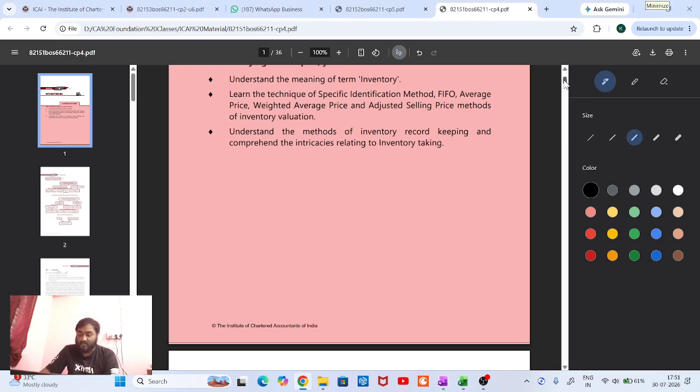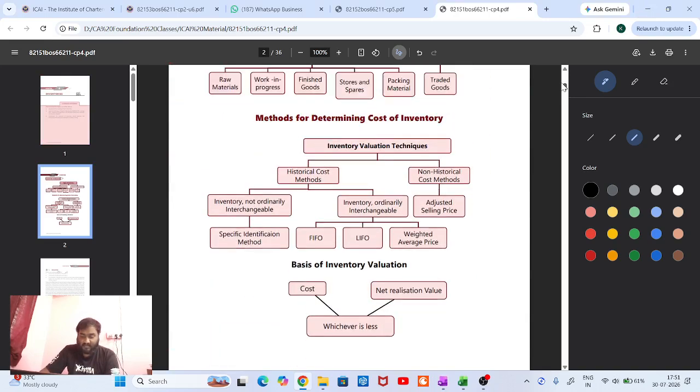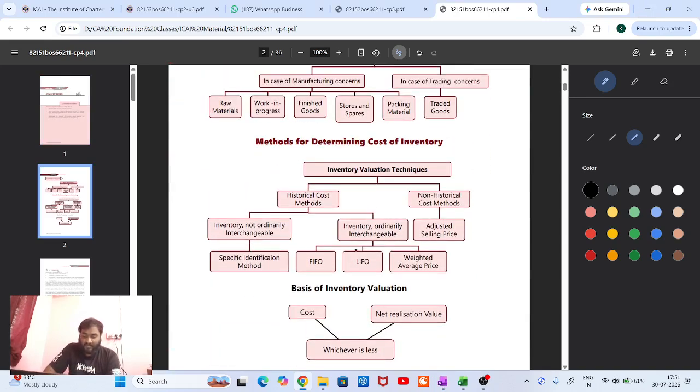I have gone a bit faster, but I'll just try to cover this. Okay. FIFO, LIFO, weighted average is for inventory that is ordinarily interchangeable. What do you mean by ordinarily interchangeable? Like if you manufacture, if you have inventory as pens, you can sell any kind of pen.